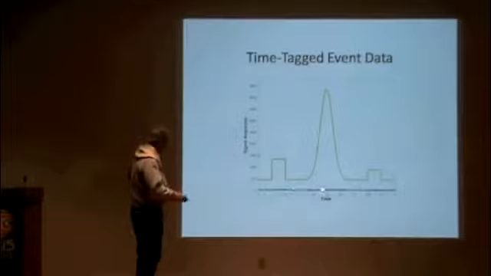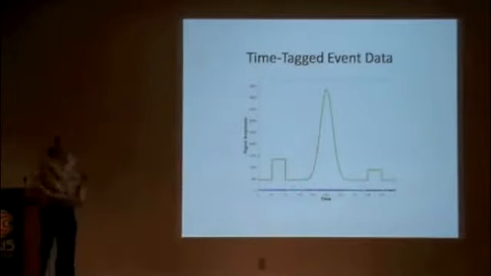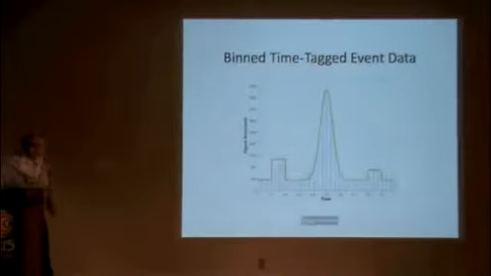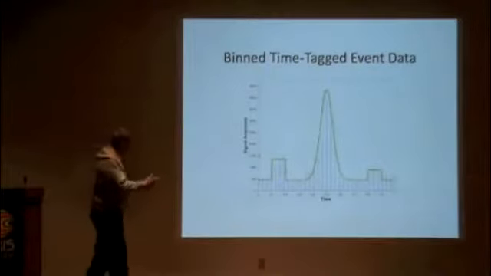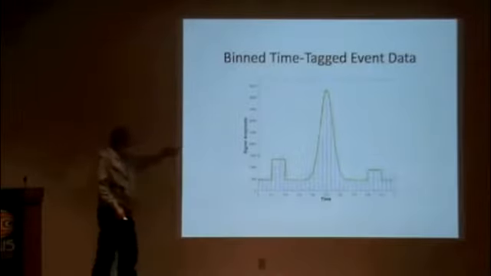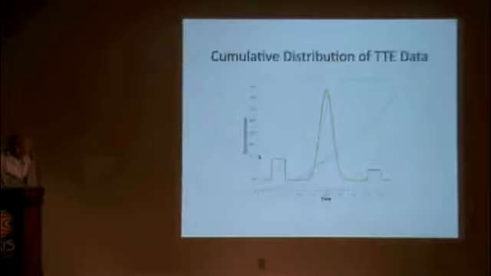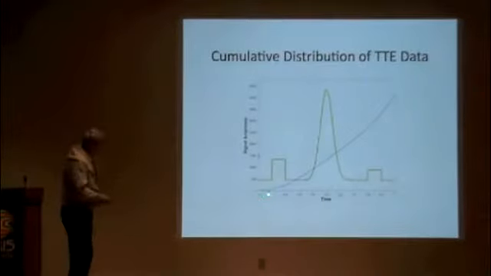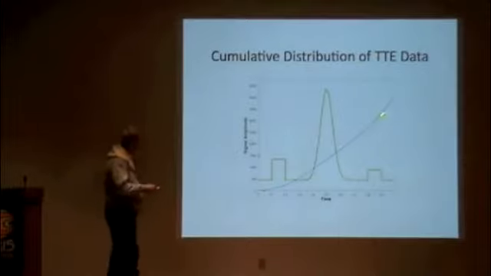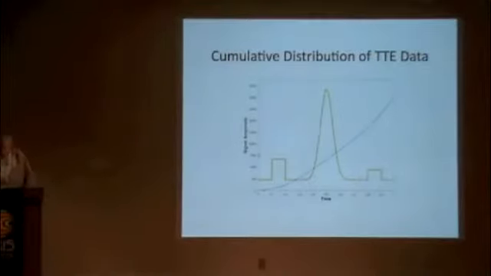Here's a tick mark at each of the photons. It doesn't tell you much to your eye. So what else can you do? You can bin the data, but then the shape and the structure depends on the choice of the bin size, and you want to avoid that. Another thing you can do is show the cumulative distribution function for the data, which doesn't do any binning, but it's a little harder to interpret. So anyway, there's a little bit of a problem just visualizing this data.